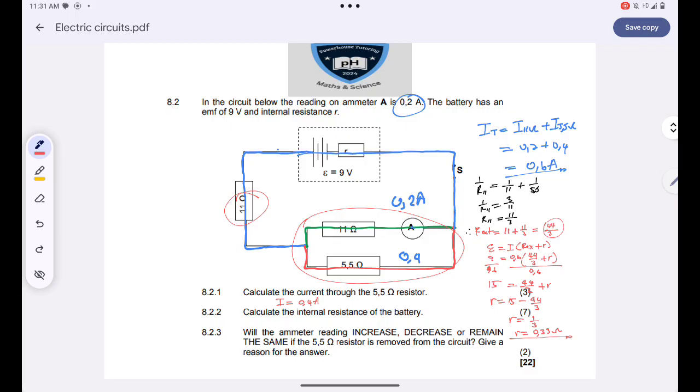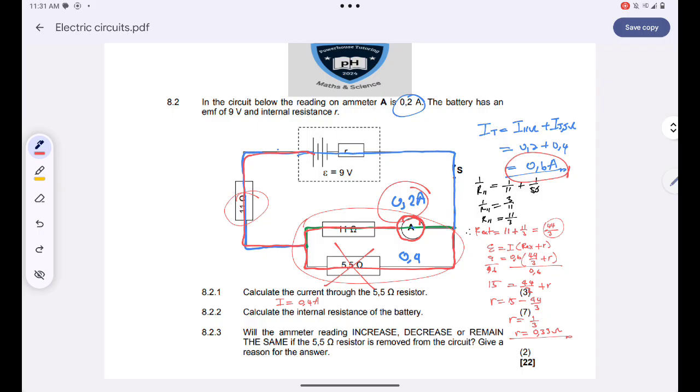But remember, guys, here only a fraction of current was moving. But now if we remove this one, the total current will be moving there. Yes, the total current will no longer be 0.6, but it will be a current greater than 0.2.